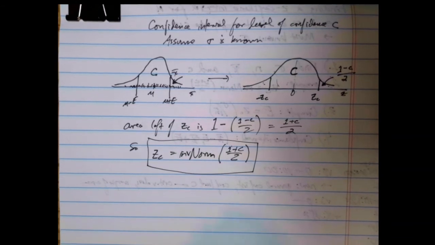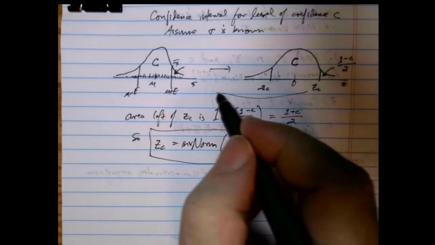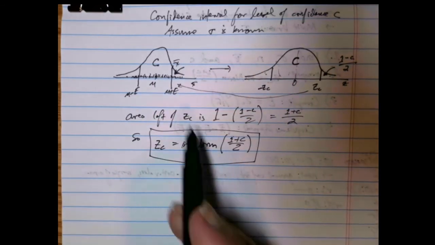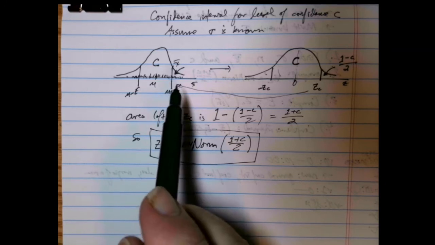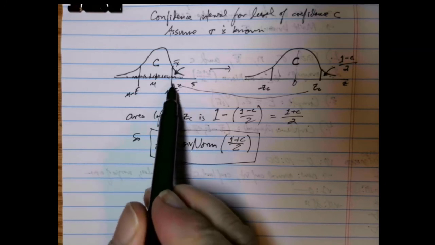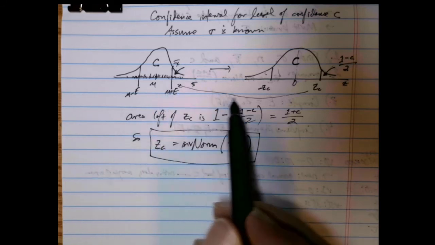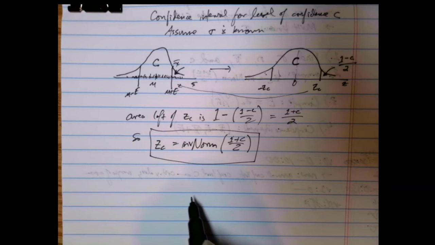Okay. Once you have z sub c, what do you do with it? Well, you want to transform it back to this x bar axis. The way we're going to approach this is the way we usually do it. We're just going to use the z-score formula. We're going to transform mu plus E over to the z-axis where we know we get this number z sub c.